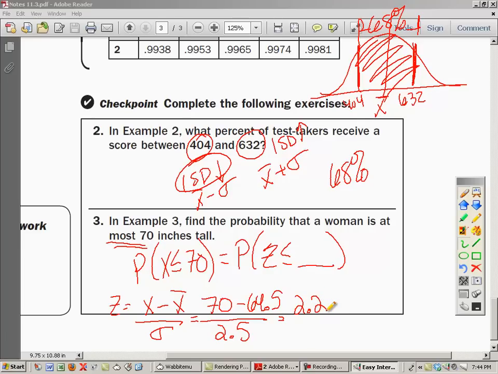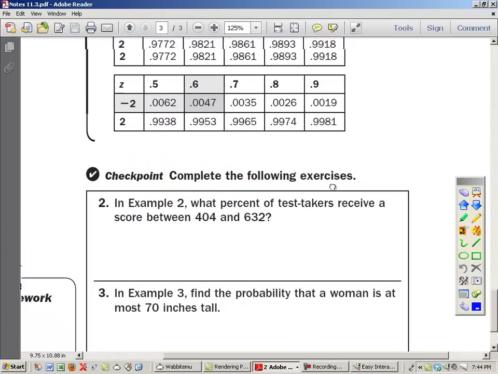So I want to find the probability that the z-score is less than or equal to 2.2. You can look up above on your standard normal table, on the top piece of that chart, or on page 759 in your text. I can't quite get to it here, so I'll scroll, and you guys can see it up above.